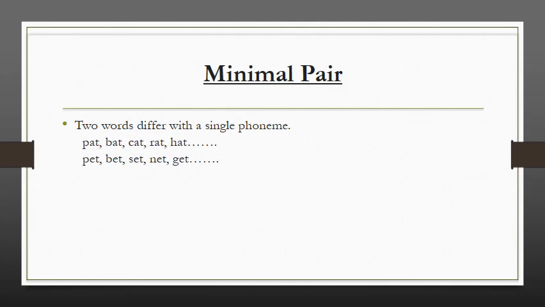So if we pick any two of the words from these examples, that would become a minimal pair. If we pick the words pat and pet, in both these words a single vowel is being replaced. So it's a minimal pair.